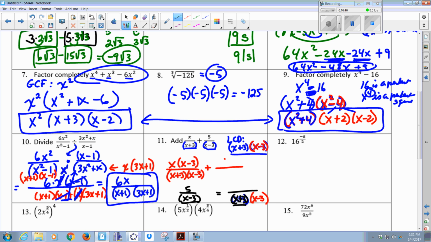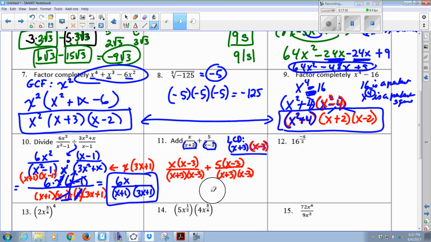To make it look like this new fraction, I'd have to write x minus 3 in the denominator, but I'm not allowed to change this fraction by multiplying just the denominator by x minus 3. I have to multiply both the top and bottom. So that now gives us 5 times x minus 3 over x plus 3, x minus 3. So those are our two new fractions that we now can add because they have common denominators.